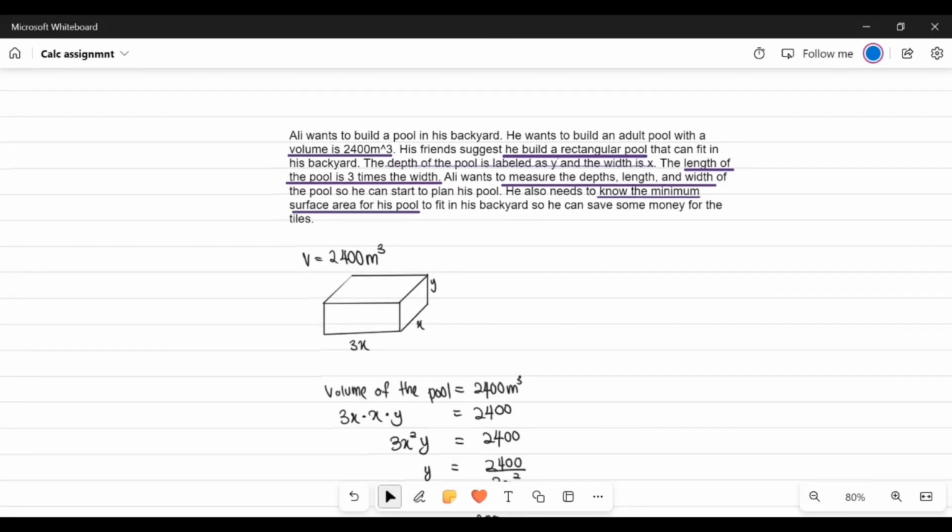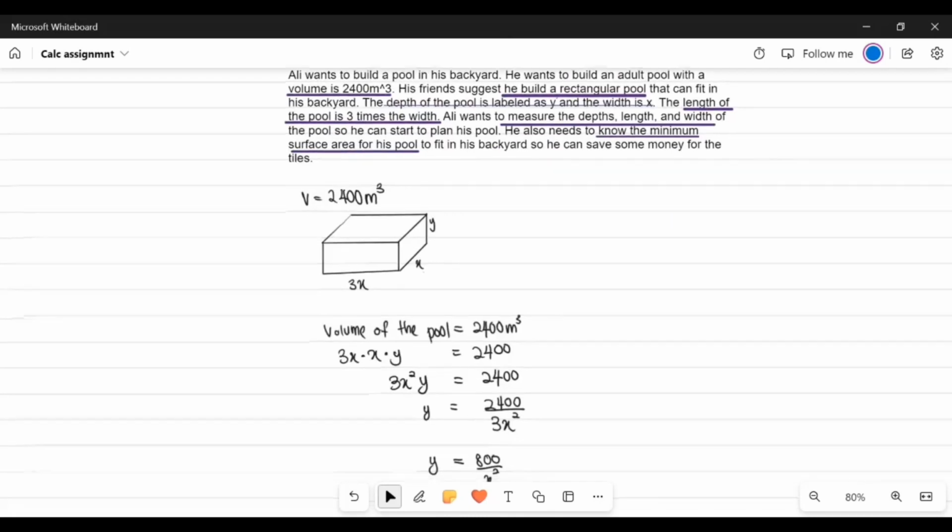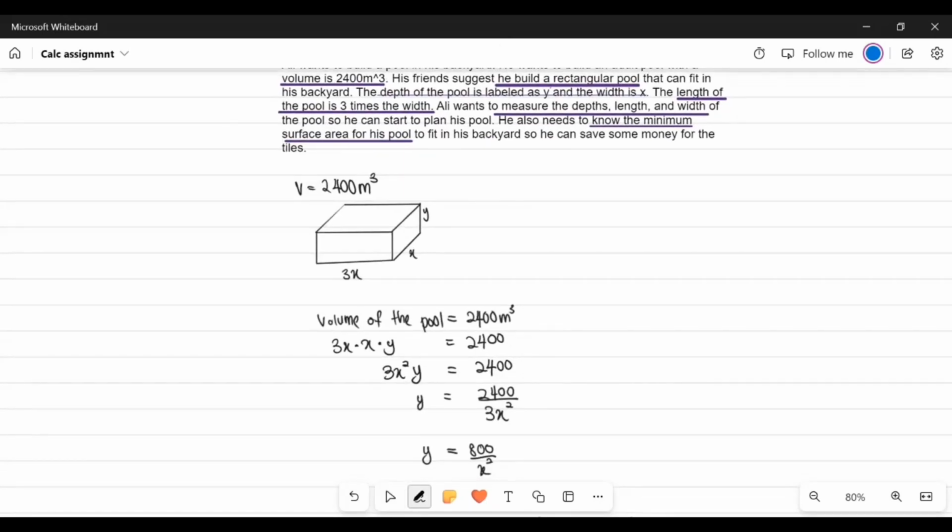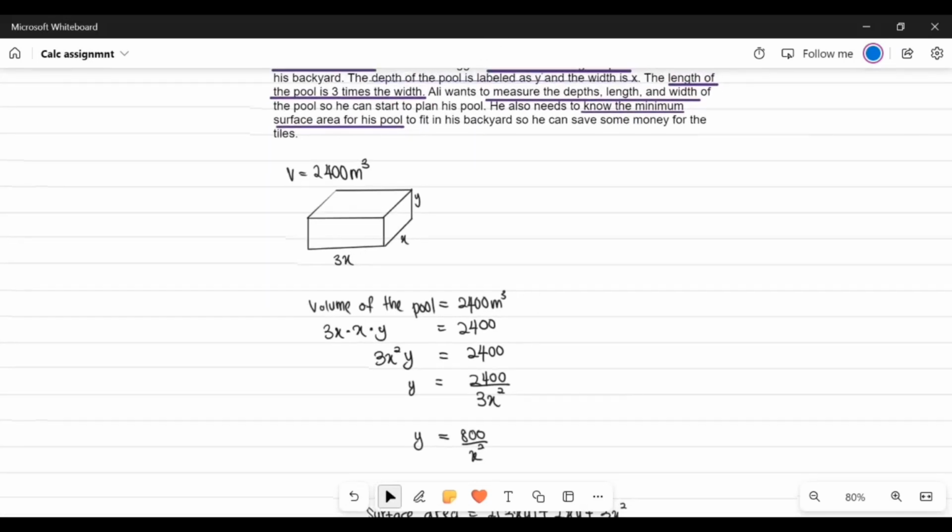So now, we will sketch the rectangular pool like this, and label the depth as y, the width as x, and the length as 3 times x. So now, since we have the volume, we have to find the formula for the pool.